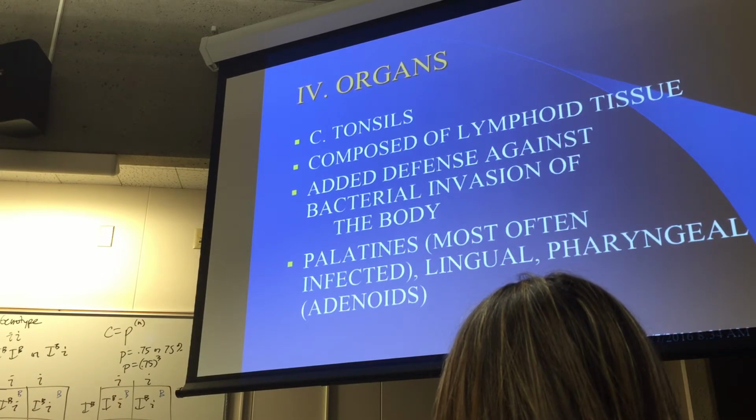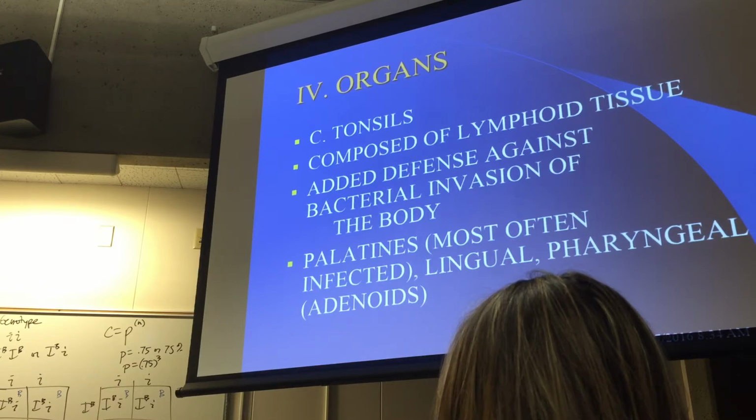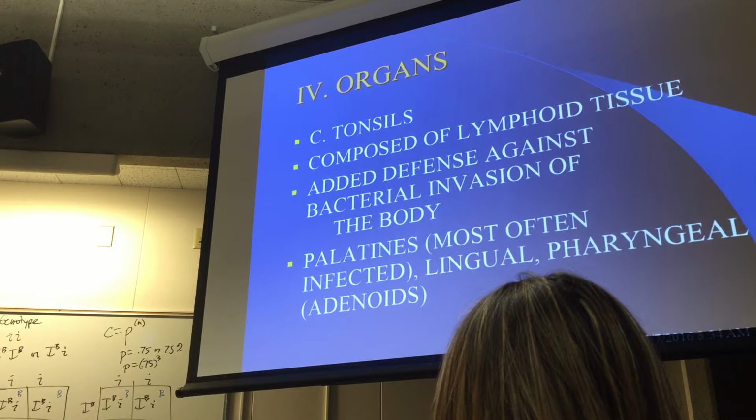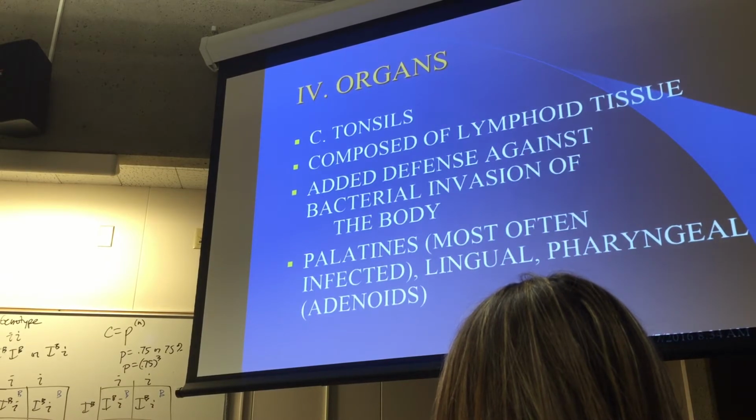You guys ever heard of those? Some of you may have had yours removed as well. Now they realize that that's actually just taking out immune tissue. When the tonsils are inflamed, that means you have an infection. People who have chronic tonsillitis, where the tonsils are continually being infected, they will maybe remove those because they can affect sleeping and airway problems.